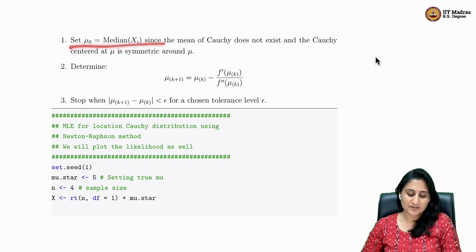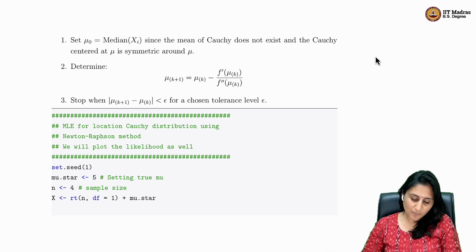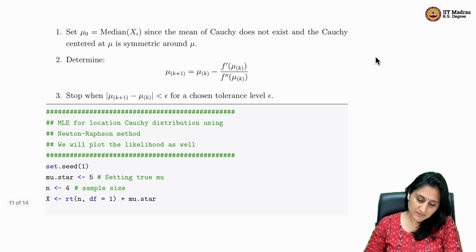Once we have that starting value and a tolerance, we determine the next mu by mu k plus 1 equals mu k minus f prime over f double prime.